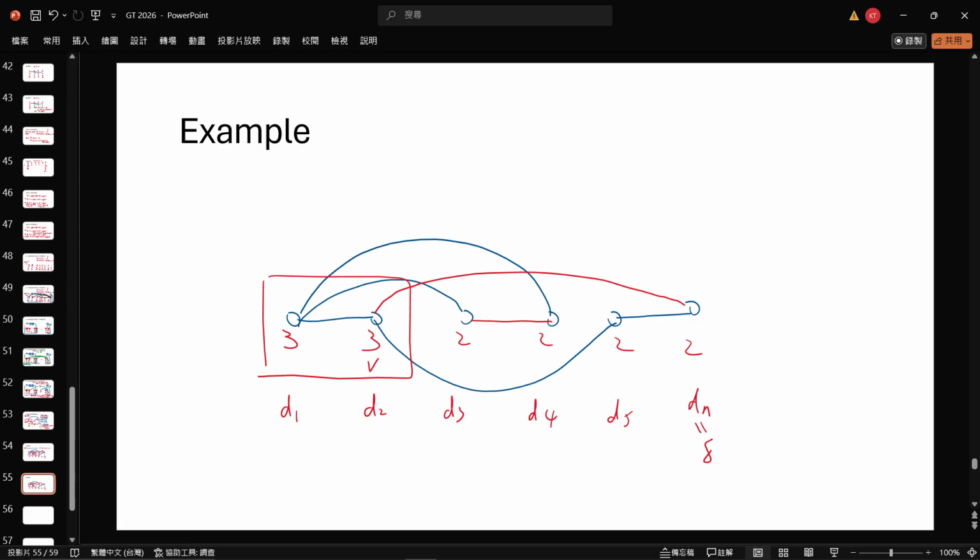But we haven't reached case 1 yet, because to reach case 1, we have to make sure that all the neighbors of V6 are adjacent to vertices in the red box. But you can see that there's this wrong neighbor again.